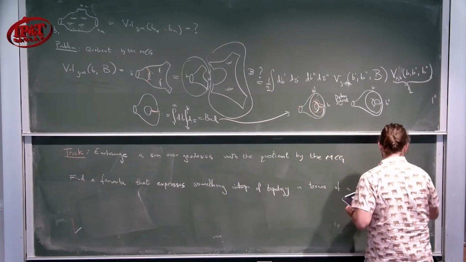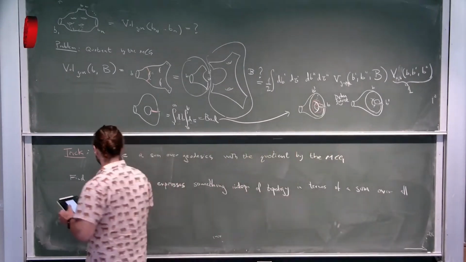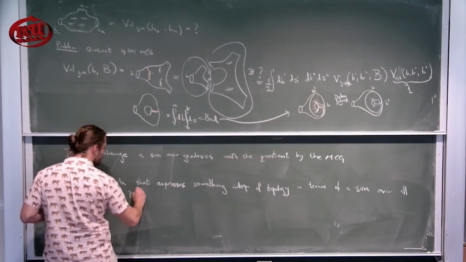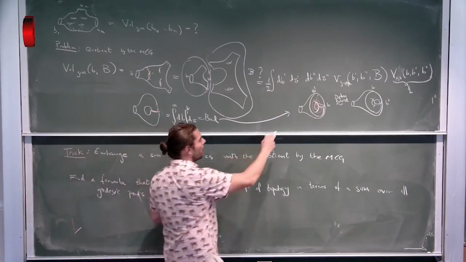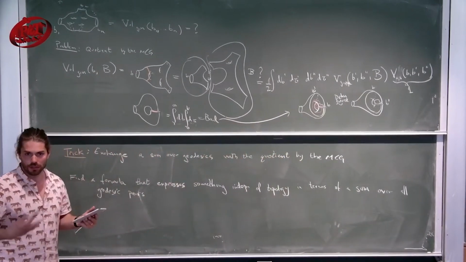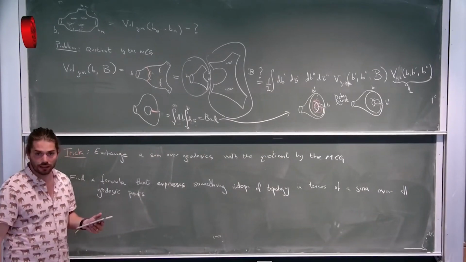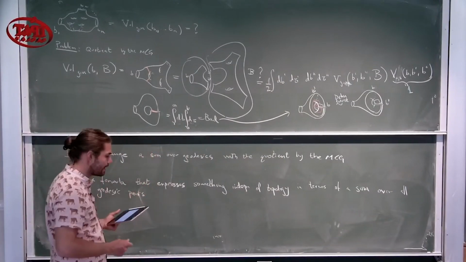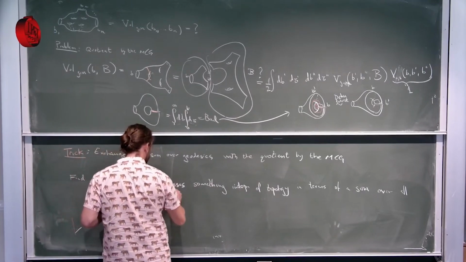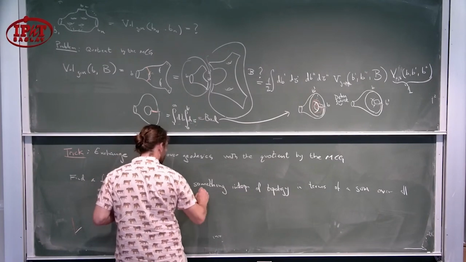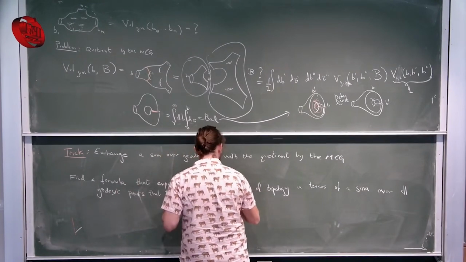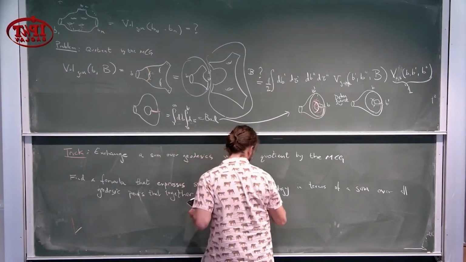In this case, it will be over all geodesic pairs that together with the geodesic B, that's one of the external geodesics of these bordered Riemann surfaces, will uniquely define a pair of pants. So that together with B define a pair of pants.